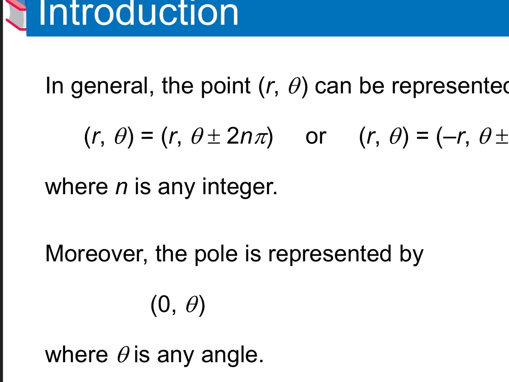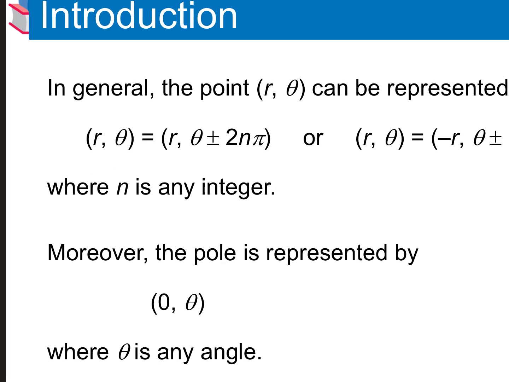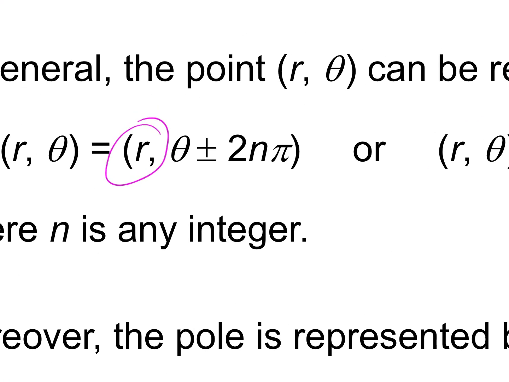And notice what changes in this mathematical equation. The R is positive here, the R is negative here. If you want your R value to stay the same, you add or subtract an even number of pi, meaning 2 pi, which is 1 whole circle.